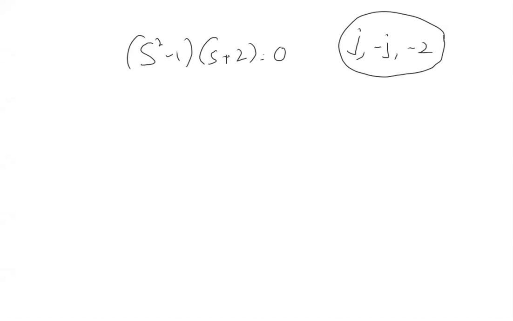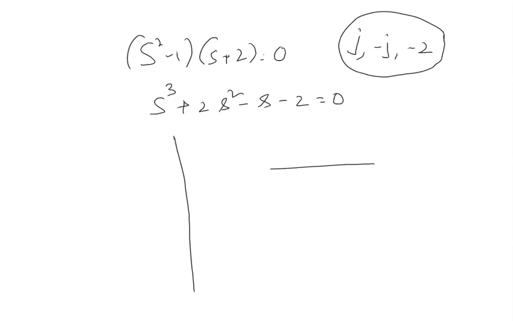Verge of stability, no? If you do Routh, this kind of system you can find in the Routh criterion table as, suppose if I expand this one, s cube plus 2s square minus s minus 2 equal to 0. So now if I fill the Routh criterion table, 1 minus 1, 2 minus 2.